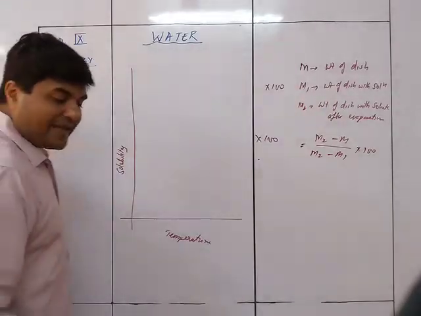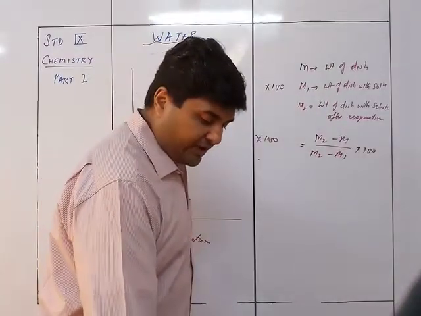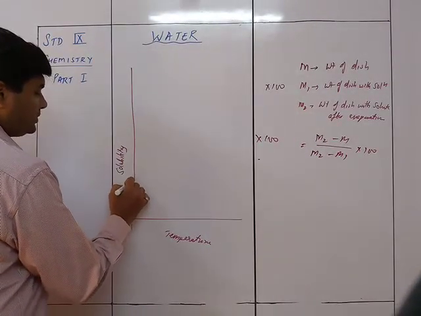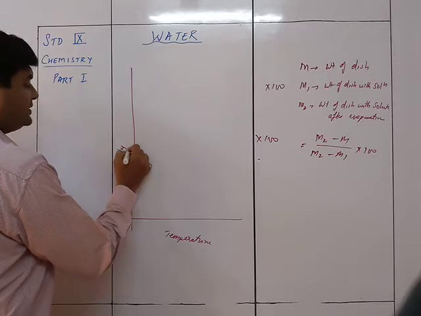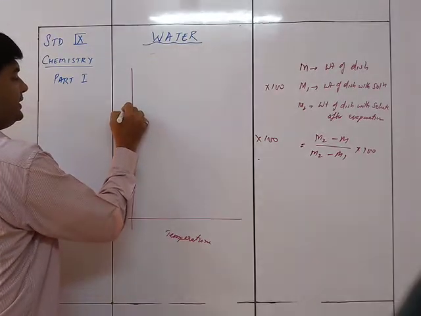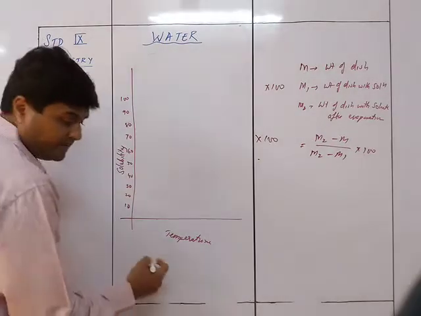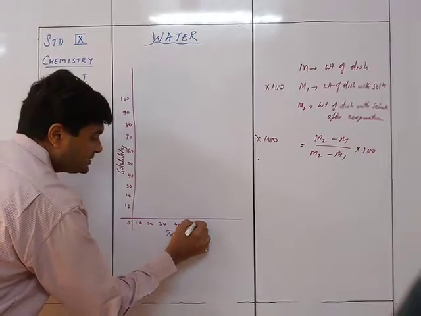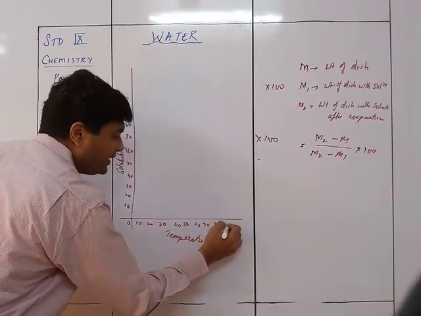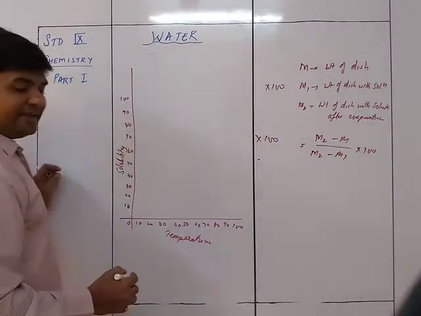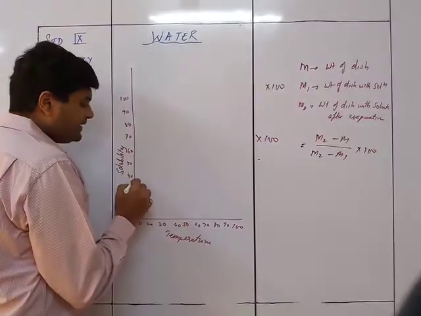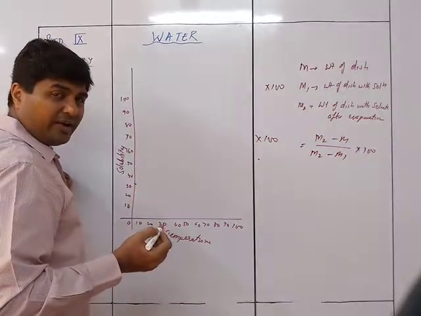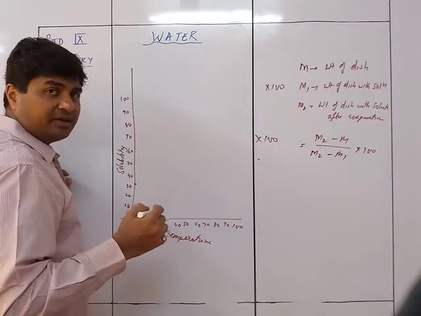Like for example, we take the example of NaCl. The solubility axis is 10, 20, 30, up to 100, and the temperature is also 0, 10, 20, up to 100. For NaCl, it is seen that the solubility is 36. So at 0 degree Celsius, if I take water, I can dissolve 36 grams of NaCl.